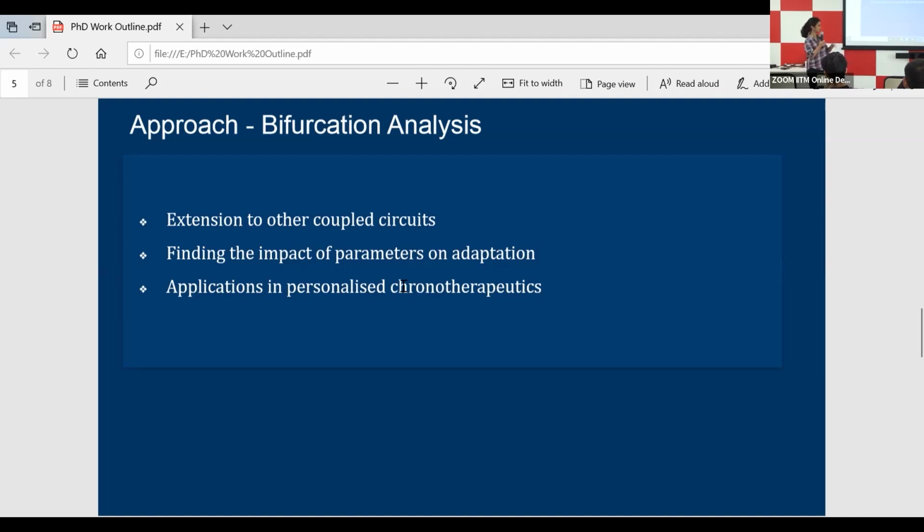And the long-term vision is to see how this can help in personalized chronotherapeutics, where we can probably have a synthetic circuit which tells us the circadian status of a patient and then tells us exactly which time of day therapy should be administered, because there is some evidence that the time of day matters in the therapy of certain cancers like colorectal cancer. And so chronotherapeutics is one area where we could probably find an application of such circuits, probably in the long run.